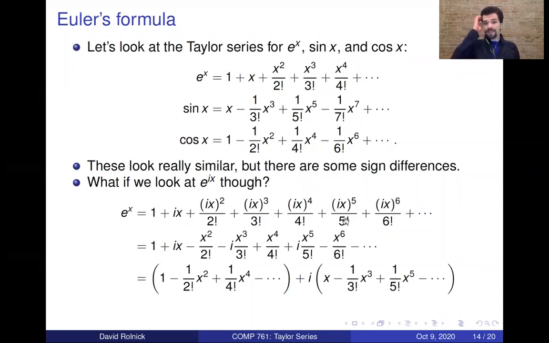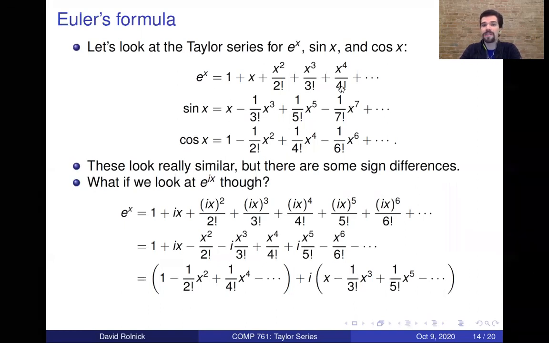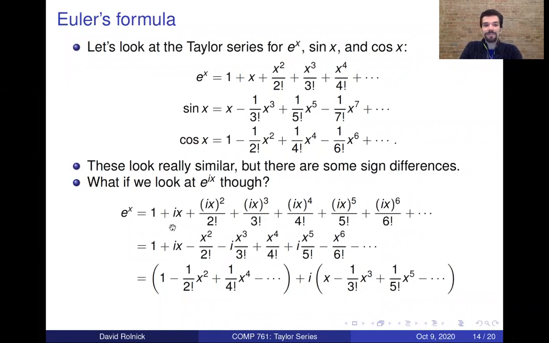If you pull out the i's, you get all the real stuff, and that looks remarkably like the Taylor series of cosine of x, plus i times all of the complex stuff, which looks remarkably like the Taylor series of sine. So with this e to the ix, you end up with cosine of x plus i sine of x.